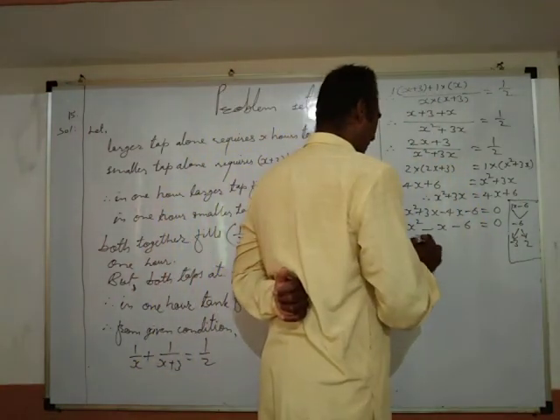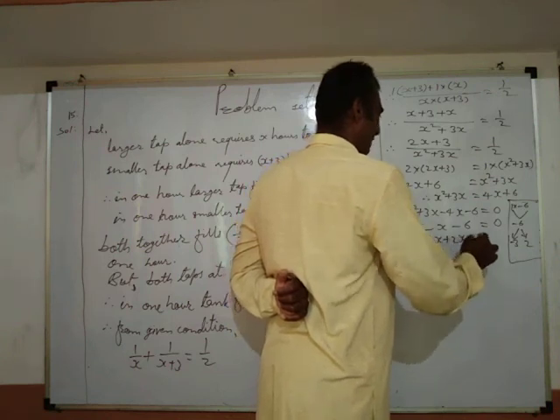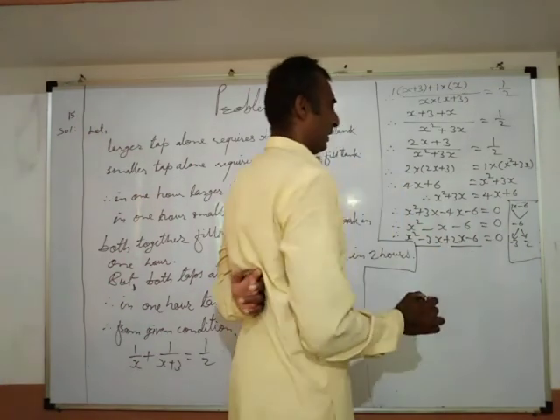Therefore it will be x square minus 3x plus 2x minus 6 equal to 0. Group of these two, group of next two.